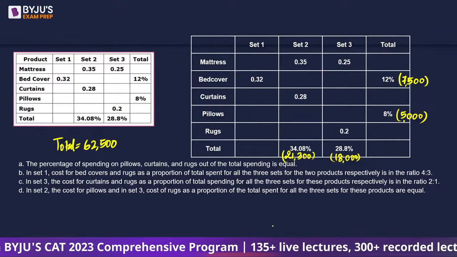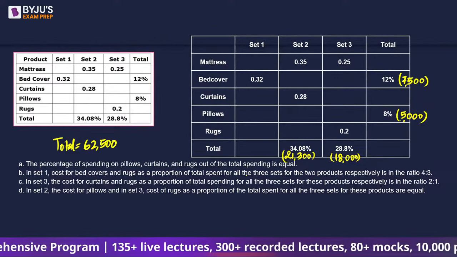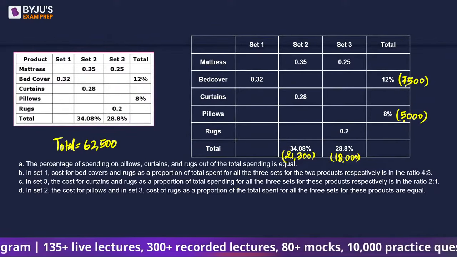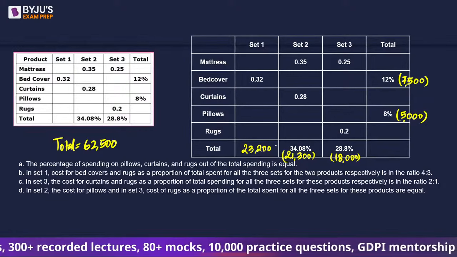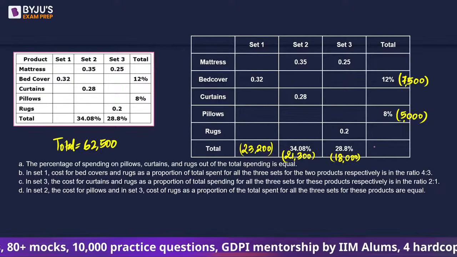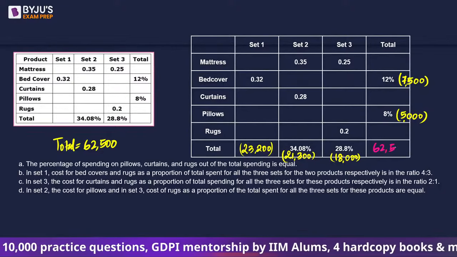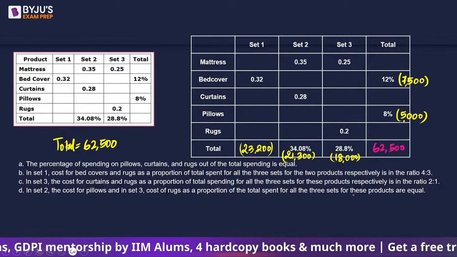Right? So अब जो बच जाएगा that is going to be from 62,500 में से. So this is going to be 23,200. Right? Total is 6250. We don't know the other percentages. ठीक है?